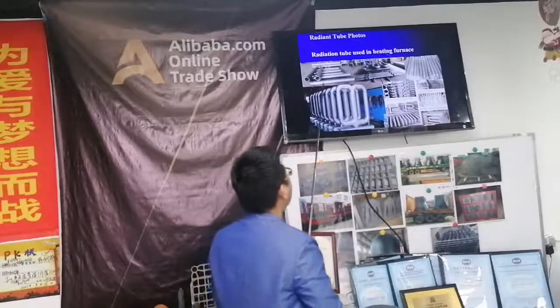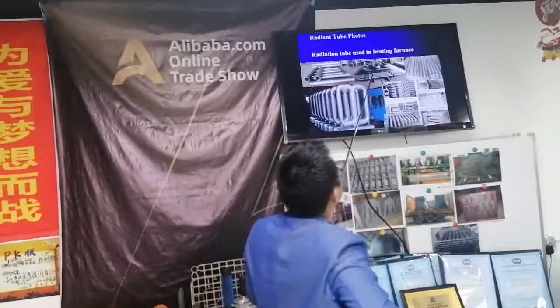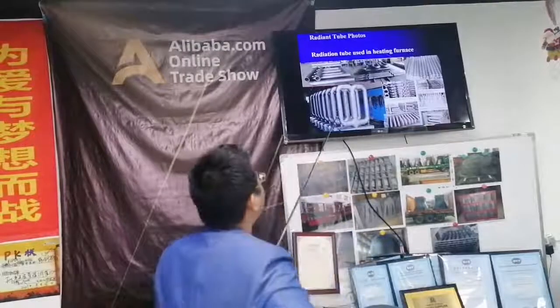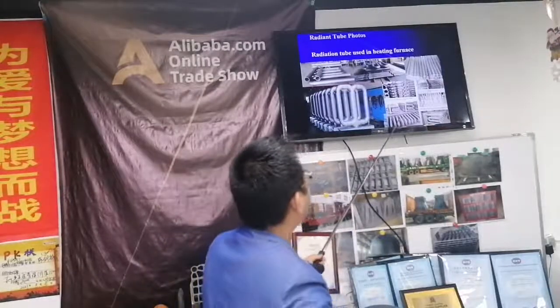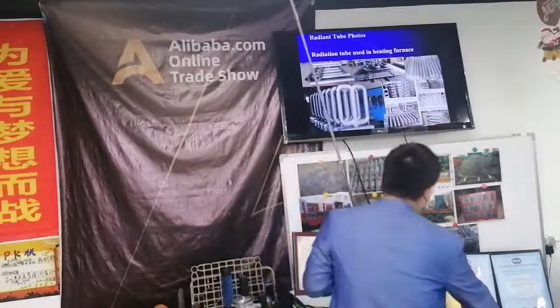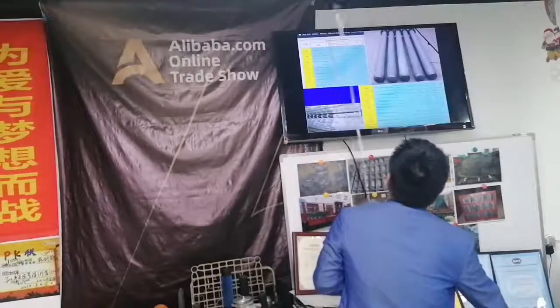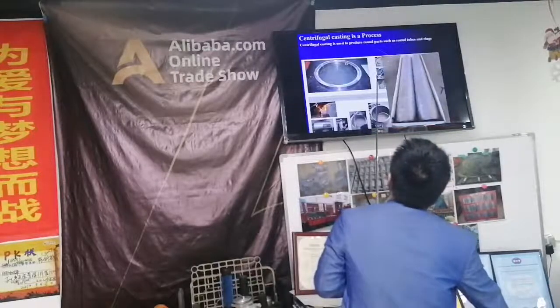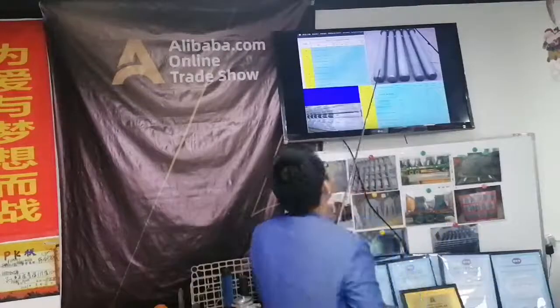This is a U type, double D type and W types. They have more types, and this is the I type.